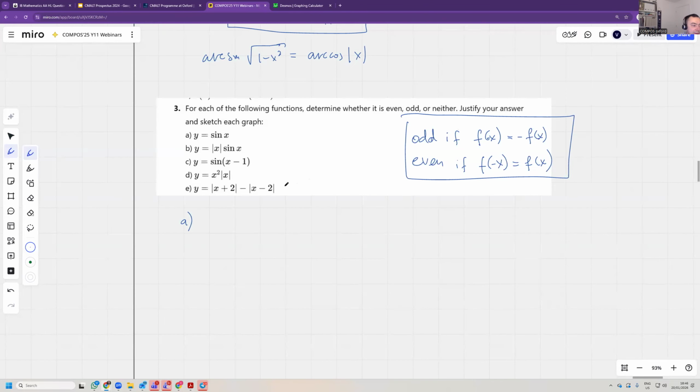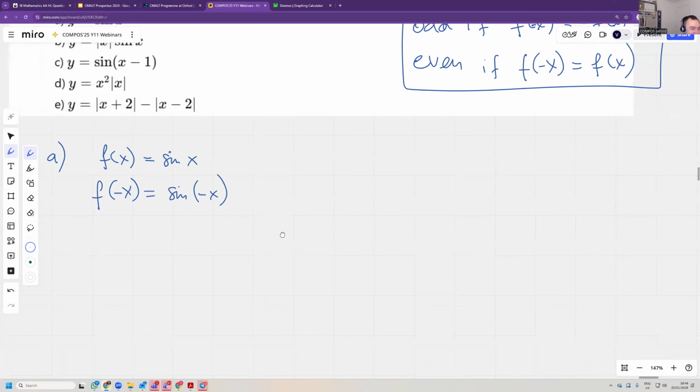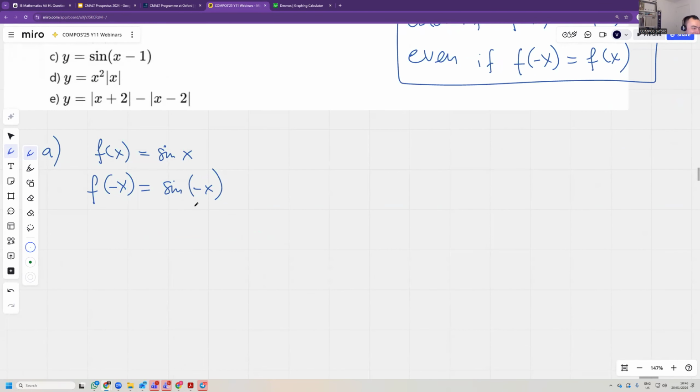And then a, y is equal to sine x, or f of x is equal to sine x. Then f of negative x is equal to sine of negative x. How would you do a sine of negative x?